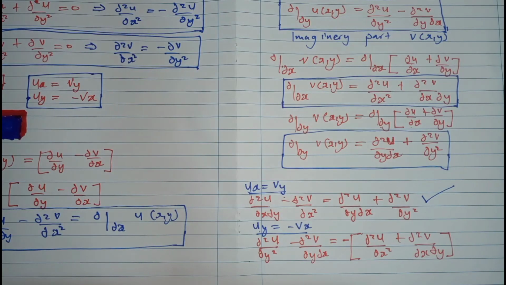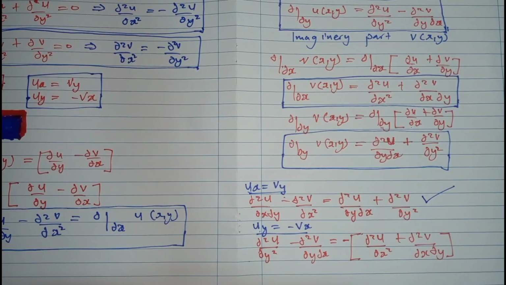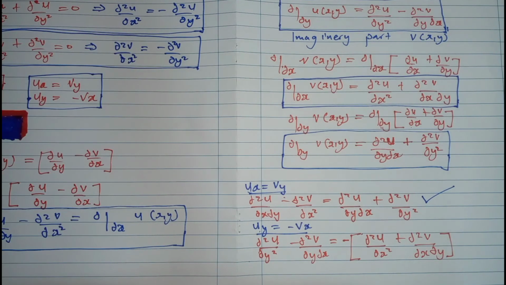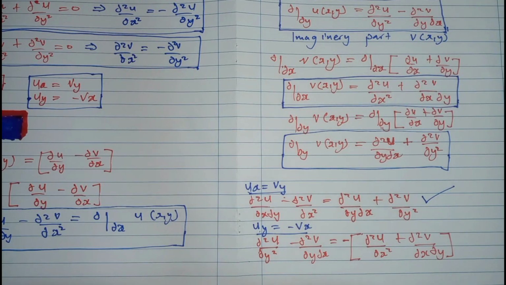Okay, I think I've omitted a squared here. Okay, and right here. Okay, like this one. So as you can see, the negative of partial 2v partial y partial x is also equal to the positive of partial 2v partial y partial x according to the two harmonic equations. Okay, so that means this is also satisfied.